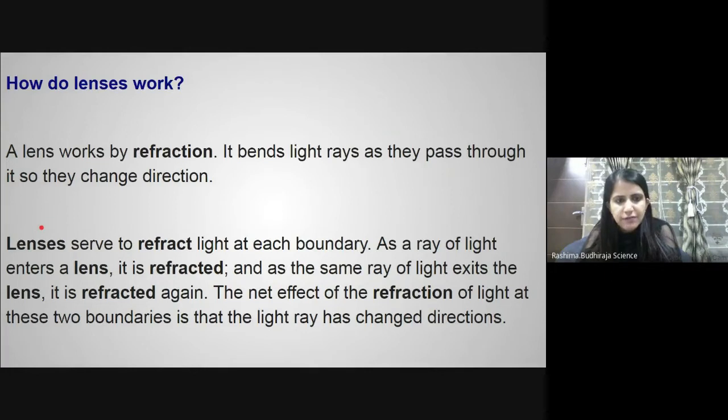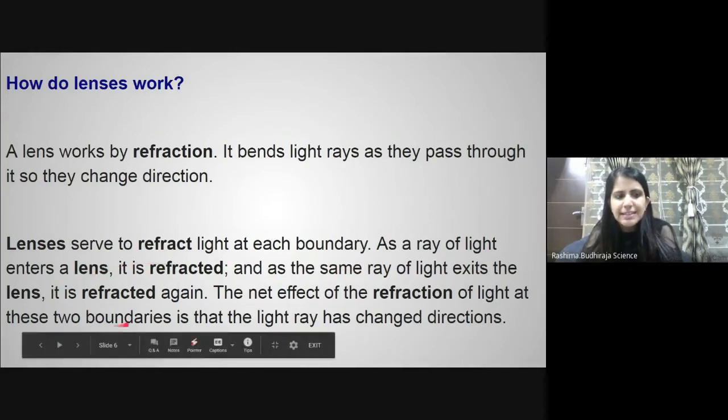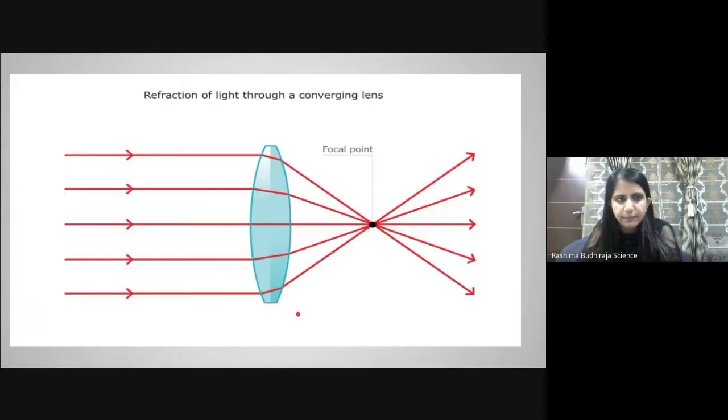Lenses serve to refract light at each boundary. As a ray of light enters a lens, it is refracted, and as the same ray of light exits the lens, it is refracted again. The net effect of the refraction of light at these two boundaries is that the light ray has changed directions.